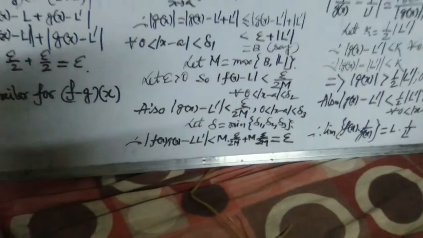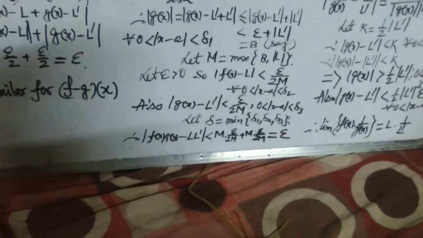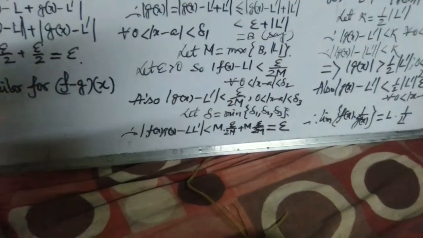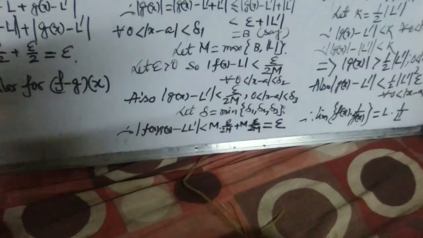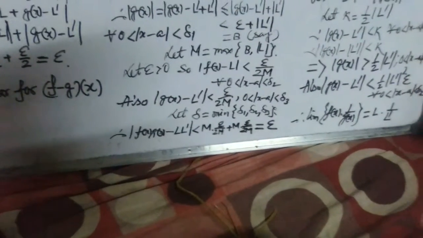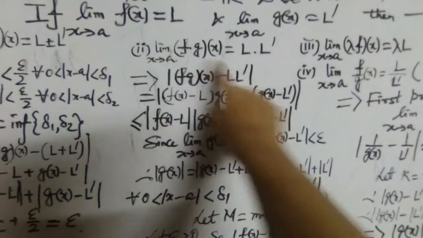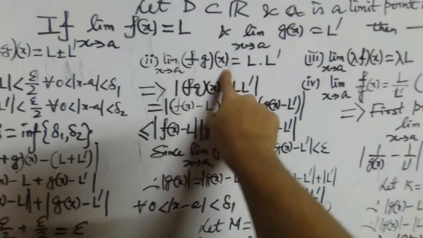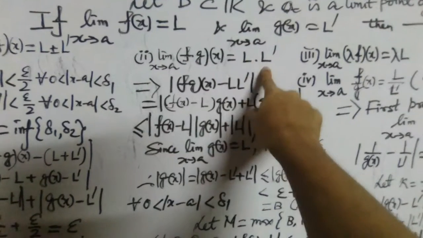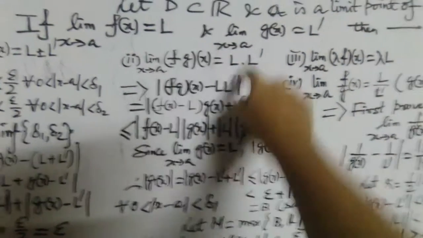Then our required inequality |f(x)g(x) minus L L prime| is less than M times epsilon by 2M plus M times epsilon by 2M. This is nothing but epsilon. So ultimately, we have the following result: the limit of f(x)g(x) equals L times L prime, that is, the product of the individual limits.